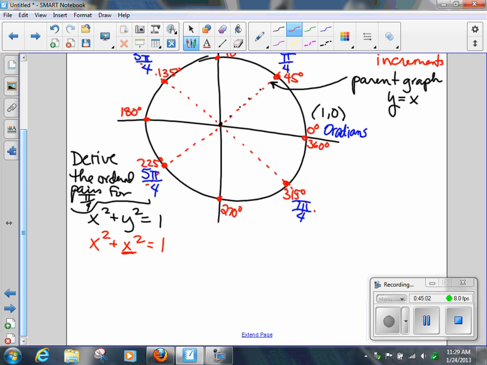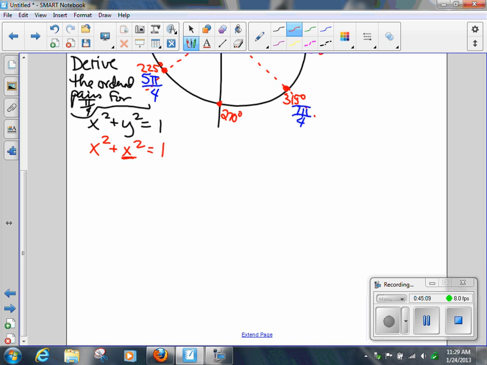So we substituted. Now, folks, now it's just algebra. What is x squared plus x squared? Oh, yes. I'm waiting for somebody to go, 2x to the fourth. Please don't do that. Now, how am I going to solve this? Divide by 2. Come on now. x squared is equal to 1/2.